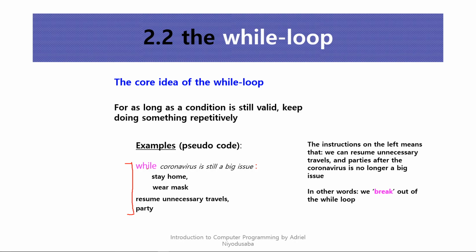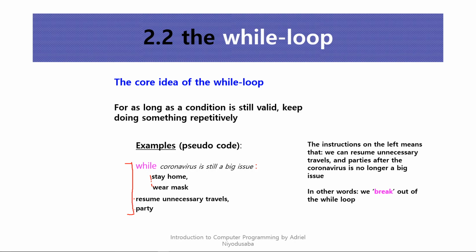In this case, as long as coronavirus is still an issue, we will do all these things inside the loop. And once this condition is no longer satisfied, then we will break out of the while loop and emerge from this block to outside the block, and we resume the parties and resume travel.